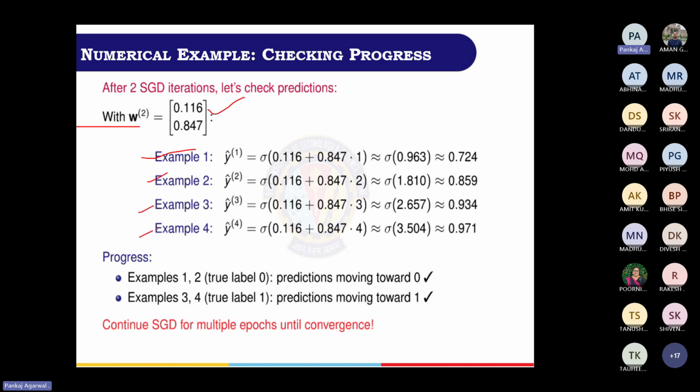Example two, example three, example four, right? You could have applied this. As you can see, similarly for example two, you could have done this. In example three, you could have done this. Example four. So for examples one and two, predictions move towards 0. For examples 3 and 4, the predictions are moving towards 1. So continue SGD for multiple epochs until convergence.